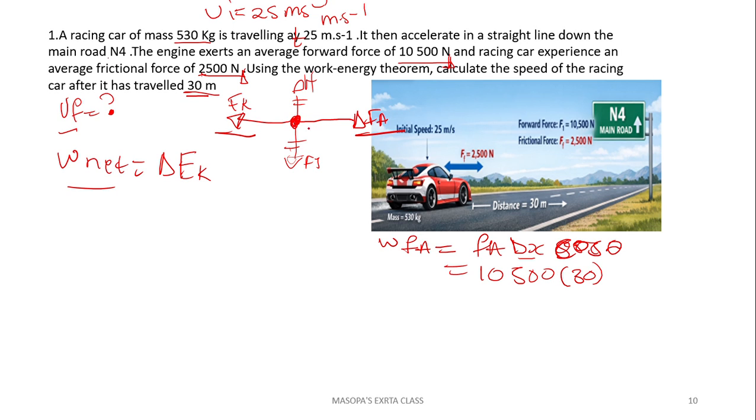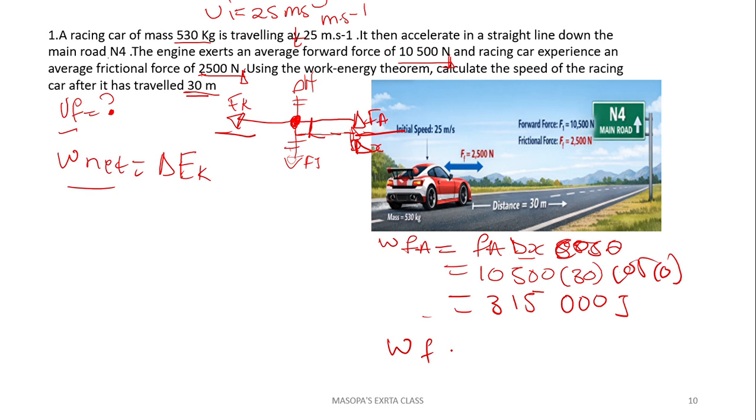Your displacement is forward, let me make a dotted line to represent the displacement. You can see that the angle there would be 0, so you put cos of 0. And then I believe you are getting 315,000 joules.